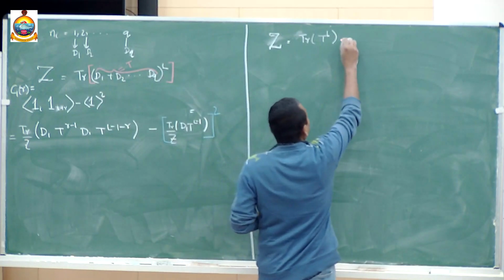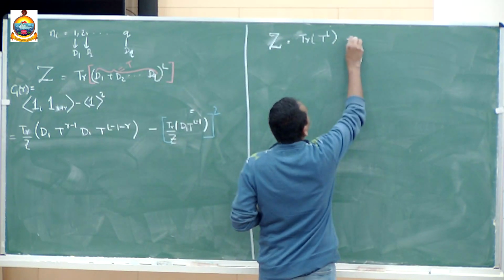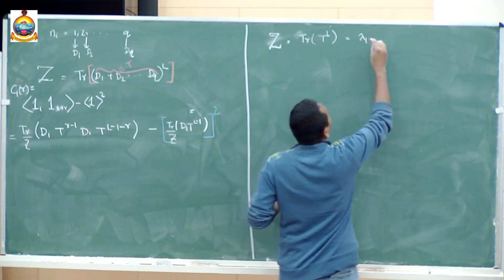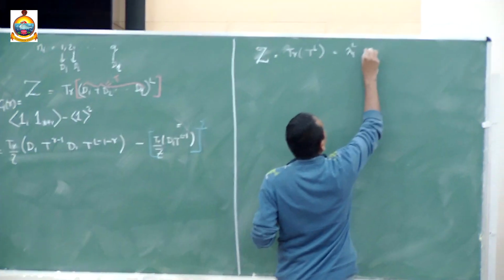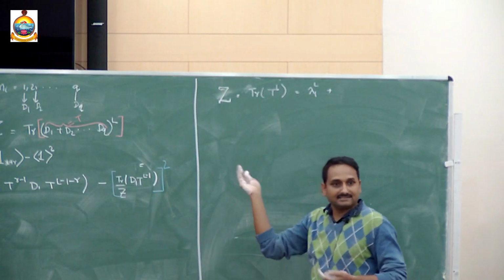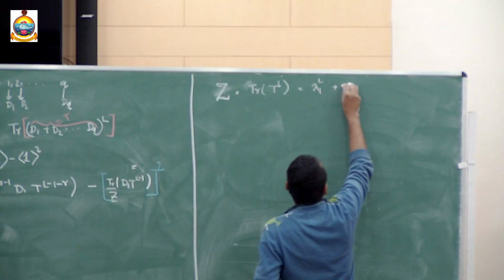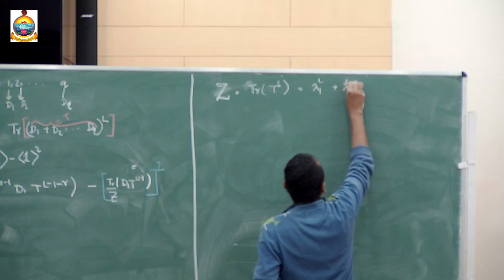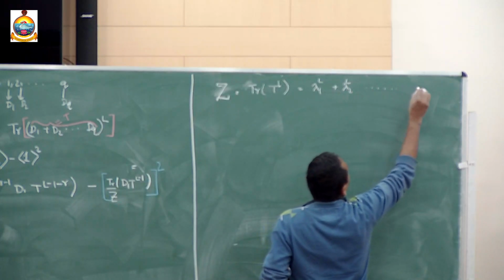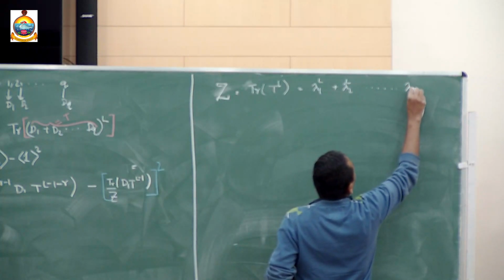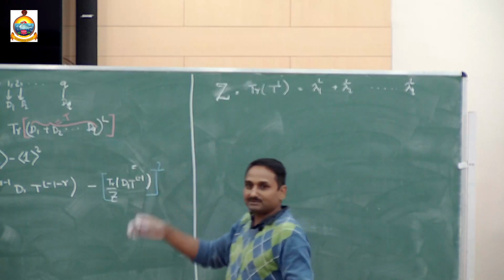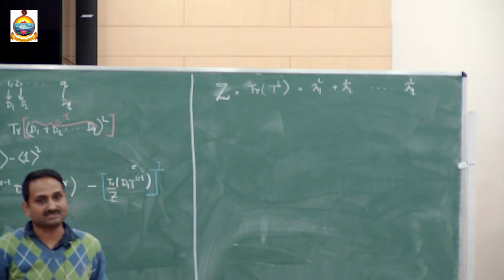Okay. So this equals lambda 1 to the power L, because this is T. Last time I said this is the sum of all eigenvalues to the power L. Lambda 1 to the power L, lambda 2 to the power L, and lambda q to the power L. Because there are q variables, I am expecting a transfer matrix which is q dimensional here.